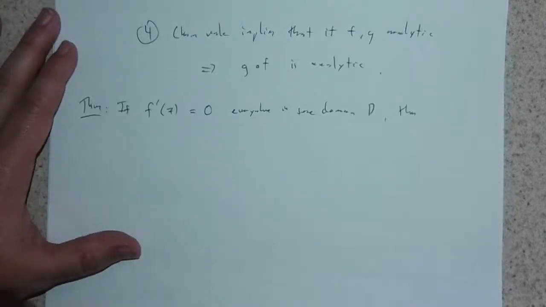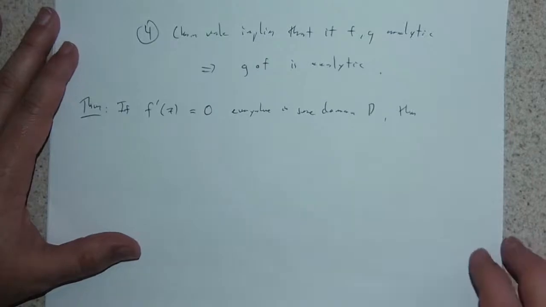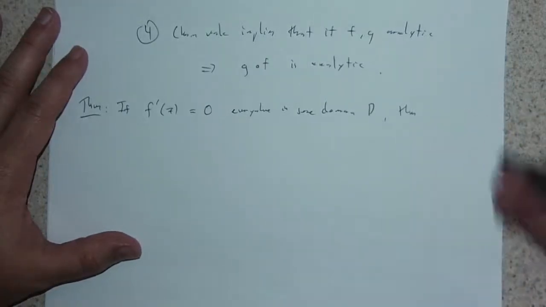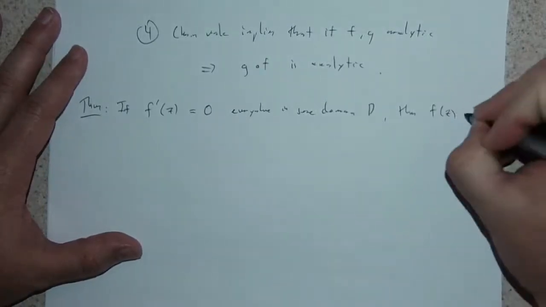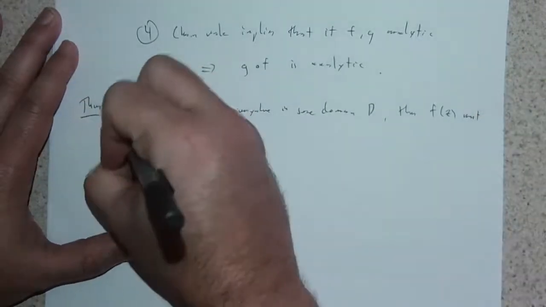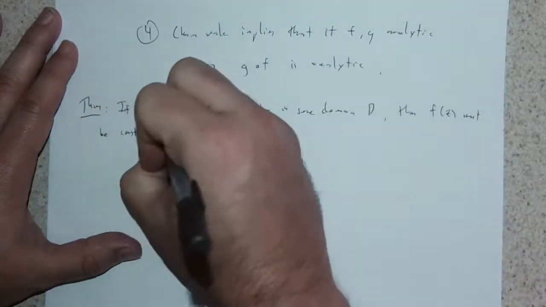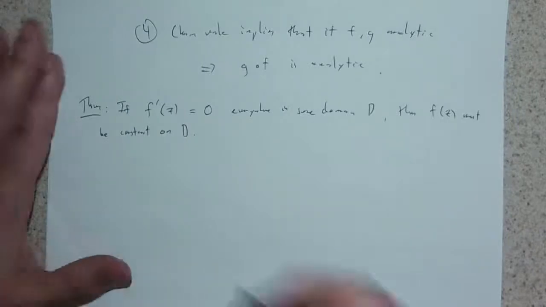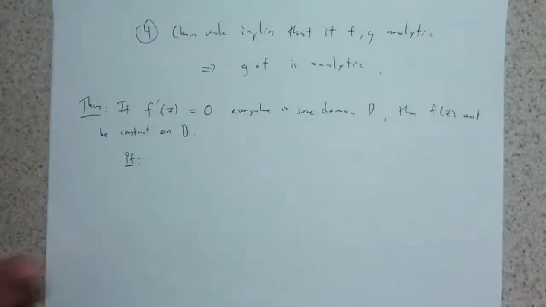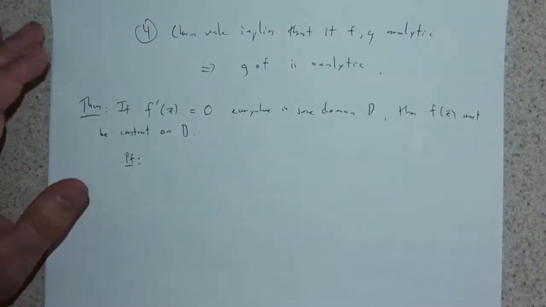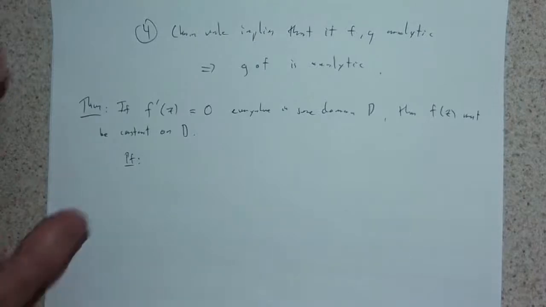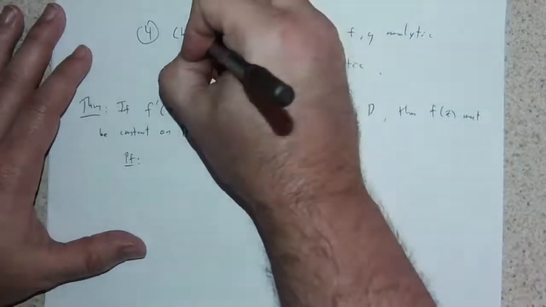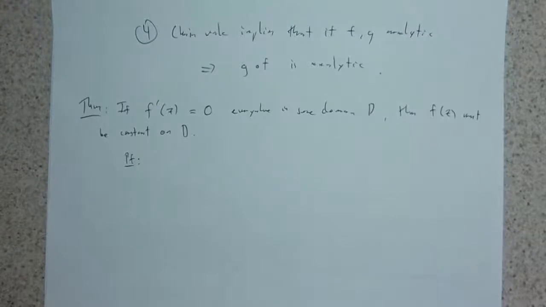So we want to show this is also the case for complex functions. So then f of z must be constant on D. D is my domain. Okay, so this proof isn't too bad. I'm going to leave out some of the details just because technically this is something that you could do earlier in Calc 3.